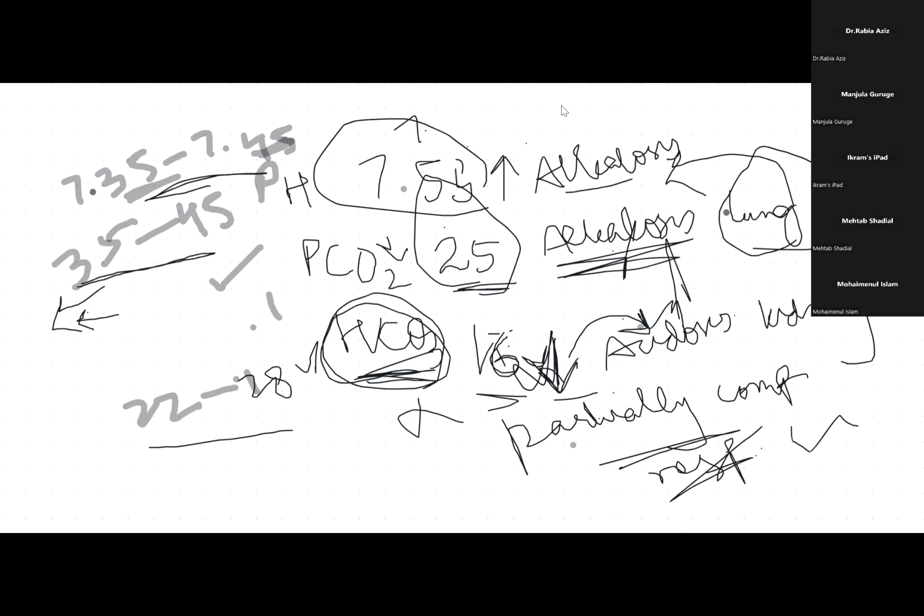What is the pH? pH is 7.38. PCO2 is 56. And bicarbonate is 35.